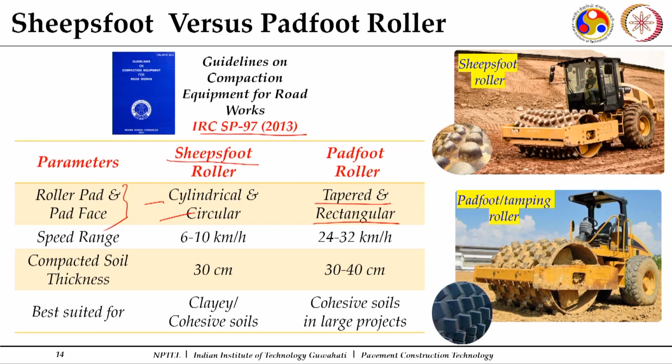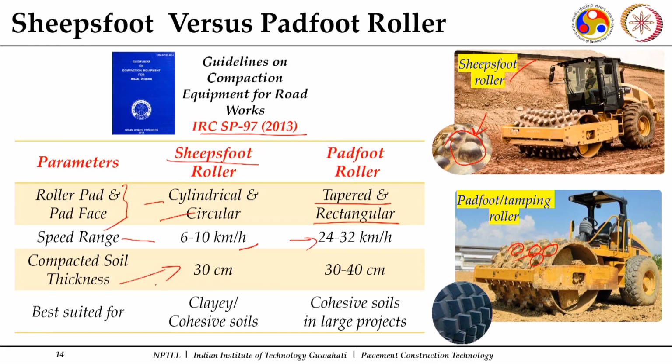You can see these projected ends are tapered and rectangular, whereas in the sheep's foot roller they are rounded. That is the pad face and type of pads. Another difference is that the sheep's foot needs to move at a slower speed, while the pad foot can go at higher speeds while compacting.